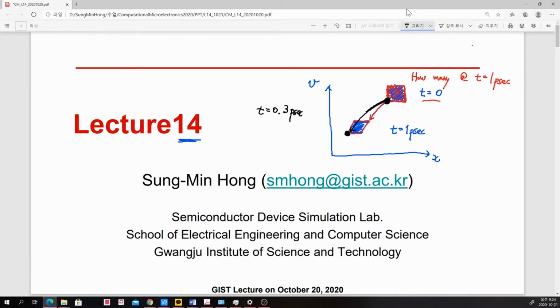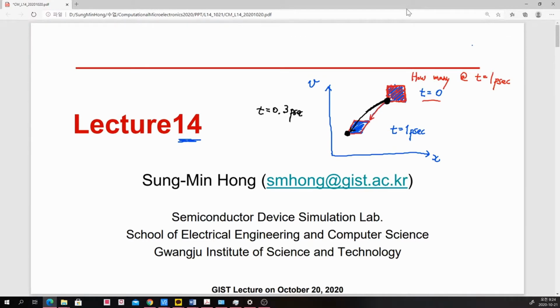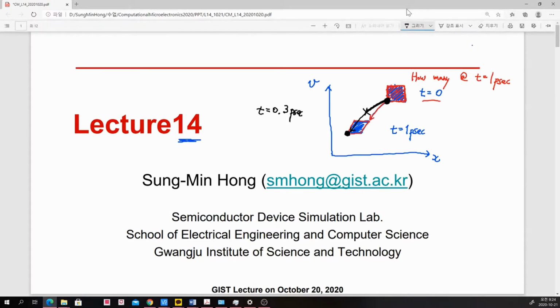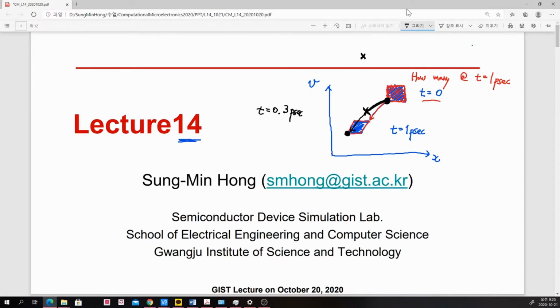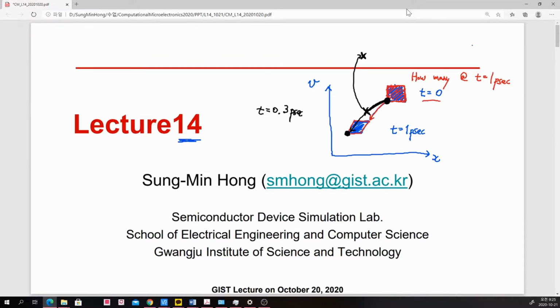Something means a scattering event happens, and its velocity drastically changes. So starting from t equals 0, time elapses and it moves. However, at t equal to 0.3 picosecond, suddenly something happens and instantaneously it jumps to this new position inside the phase space.